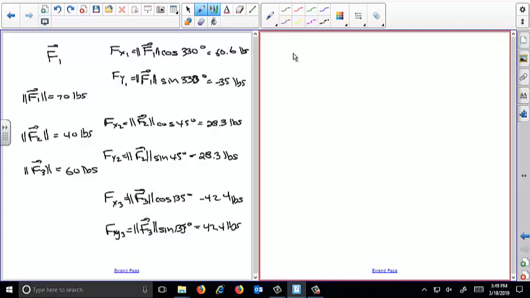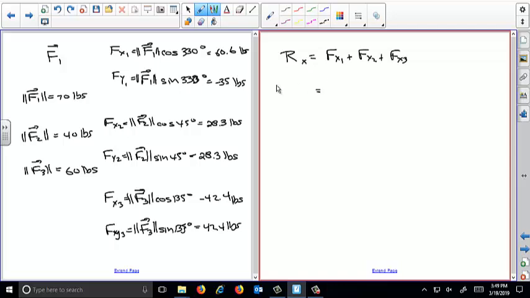So now what you do is you say the resultant vector, well, the x component of the resultant vector is going to be F sub x1 plus F sub x2 plus F sub x3.